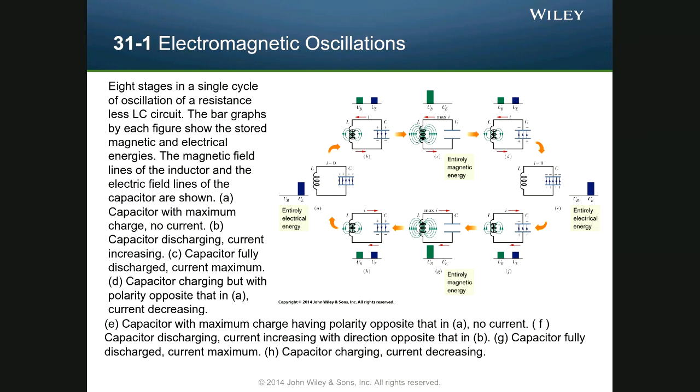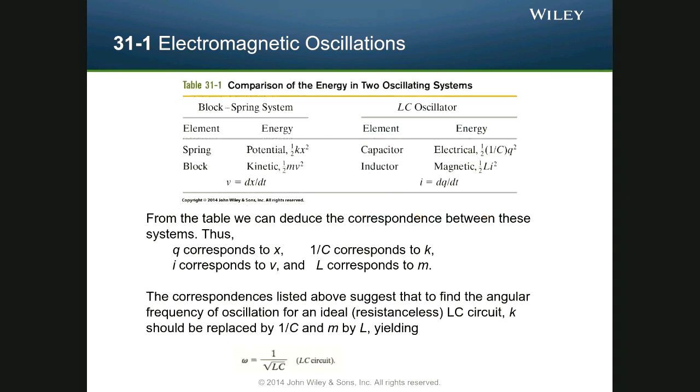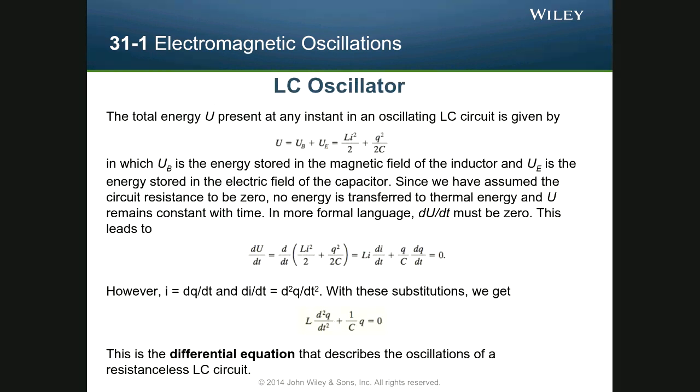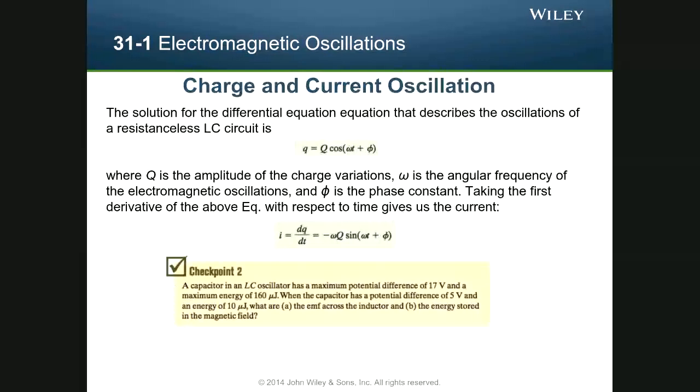All right. So fundamentally, let's look at the question and look at each part of it. We have a capacitor in an LC oscillator, right? And that's what we've been talking about all along, because these oscillators transfer from electric field to magnetic field and over again.